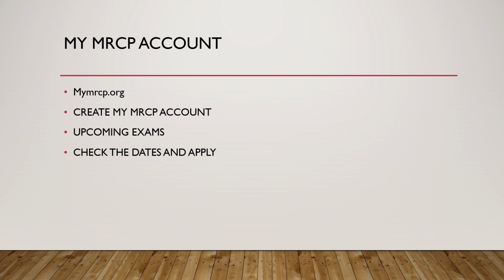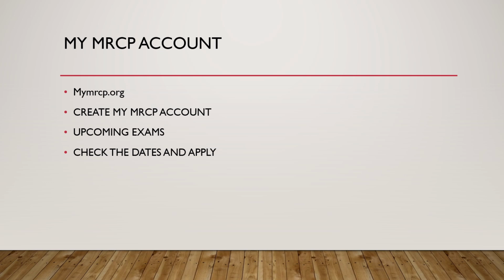Now, my MRCP account. This is an account that you have to create by going to the site mymrcp.org. In this you need to create your own MRCP account. After creating the account, you have to fill in all the details that will be asked, like your name, address and everything.